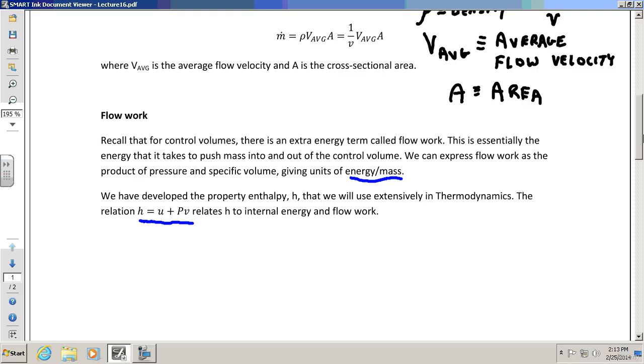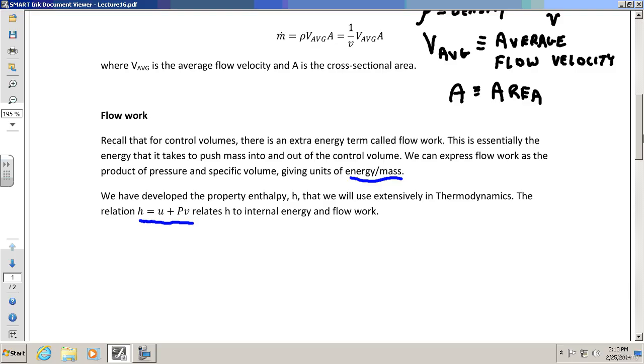In fact, I'll talk to some students at the end of the semester and ask them about this, and they'll tell me, well, at some point we stopped using U's and started using H's, and I didn't know anything else. From now on, we use H's. I want you to remember that we use H's to model control volumes because there's an extra term of energy it takes to push that stuff into the control volume and push it out.